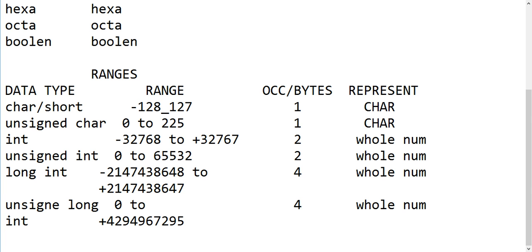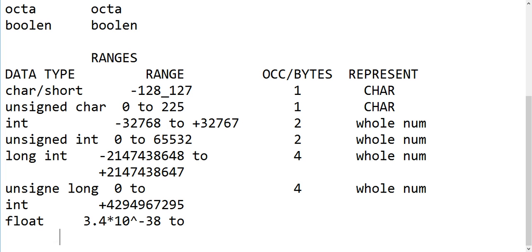Now, the next one is float. Its range is from 3.4 times 10 to the power minus 38 to 3.4 times 10 to the power plus 38.